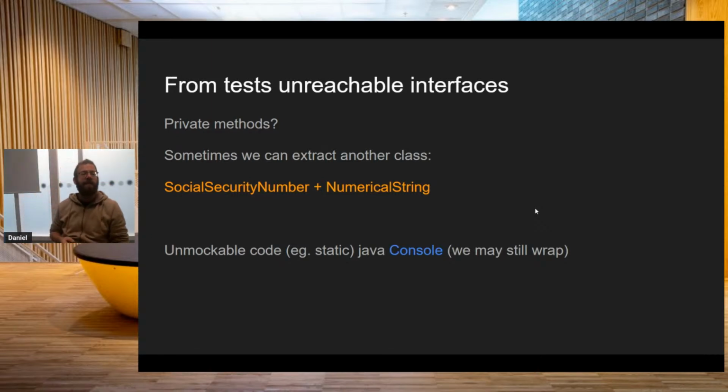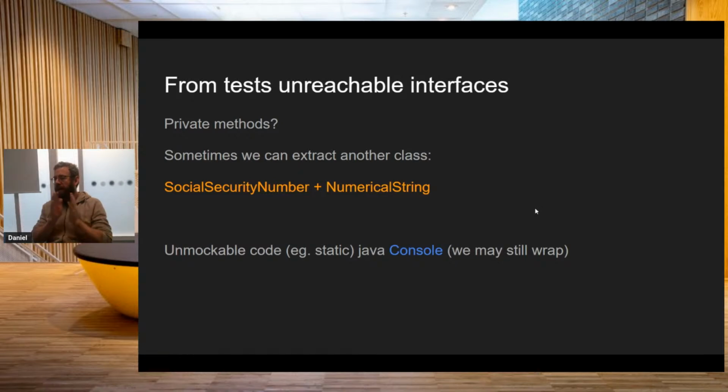So the case I had in mind, or that I've experienced this particular thing, was that I did a social security number validator. And I realized that in the social security number, we get a string in, and we're going to see, is this really a social security number? Yeah, I hope you understand the problem with this, right?